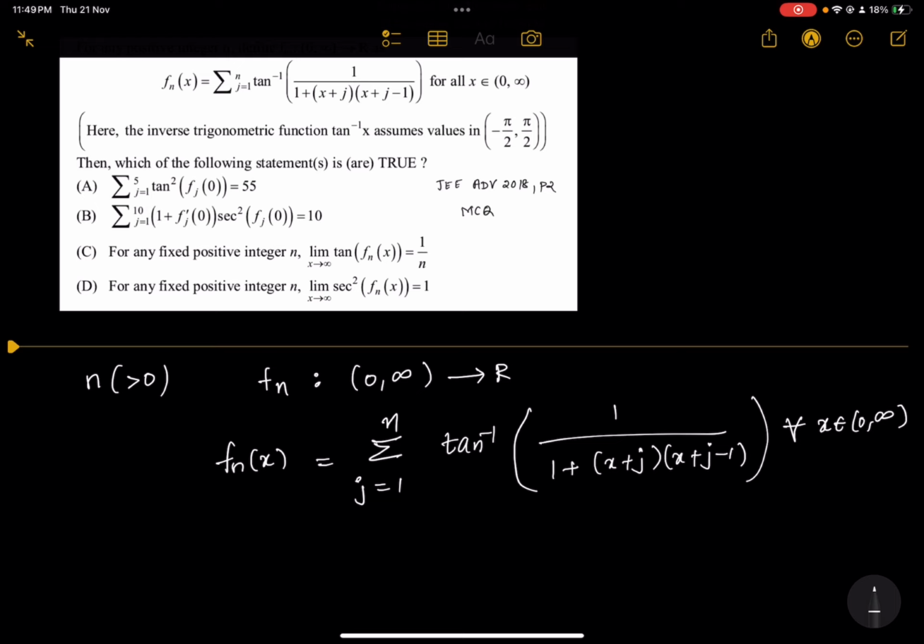Here the inverse trigonometric function tan inverse x assumes values in minus pi by 2 to pi by 2, so tan inverse x lies in the principal interval.